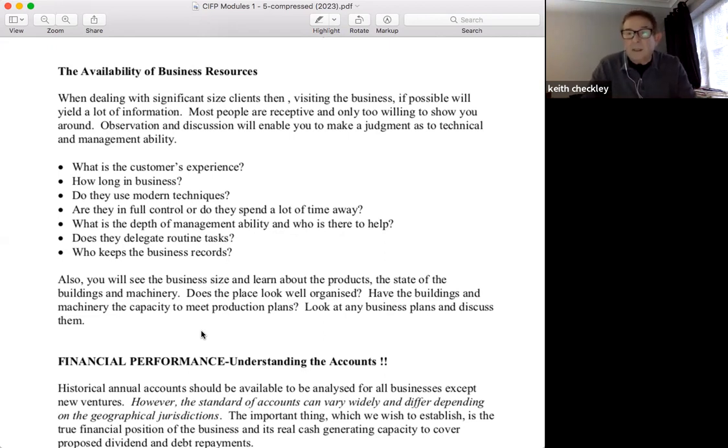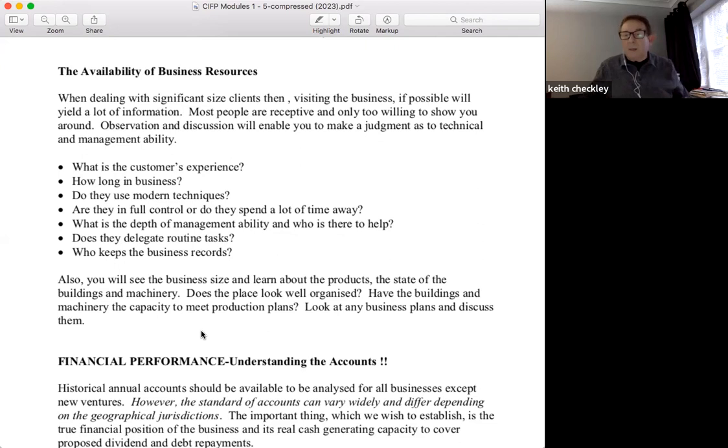It was a farming style business that I've been mentioning. I went along with the bank manager to try and give them support on analysing the farming situation. And I asked the farmer, who keeps your business records? And he said, well, I keep them. I said, well, can I see some of your records, please?